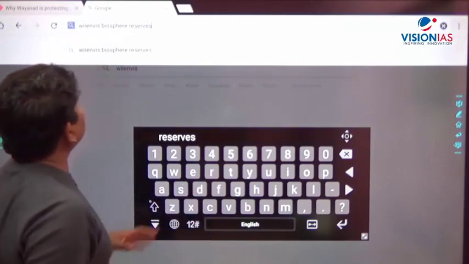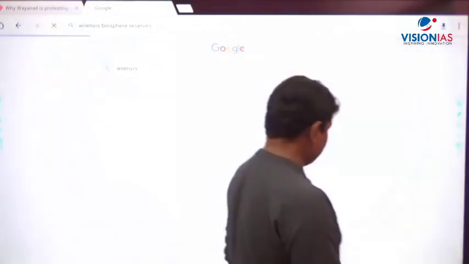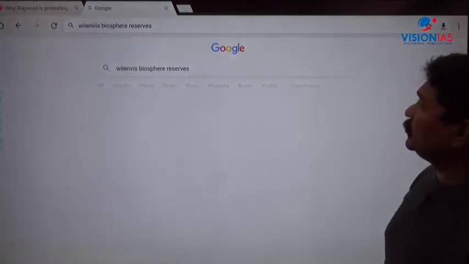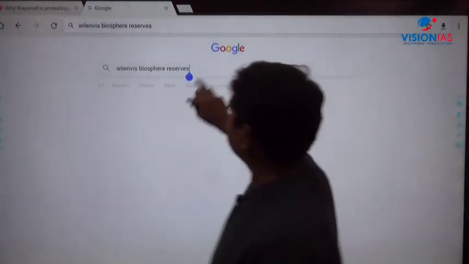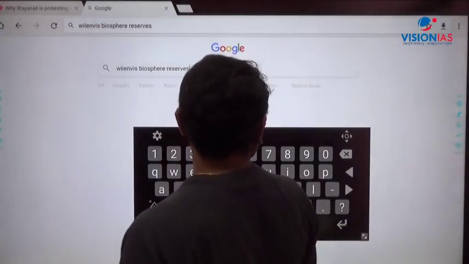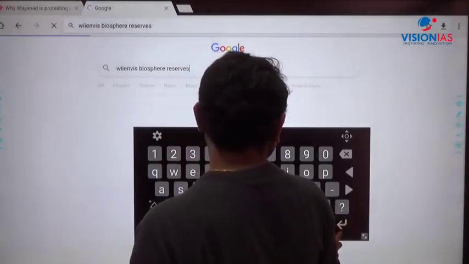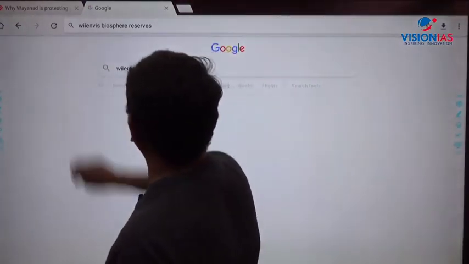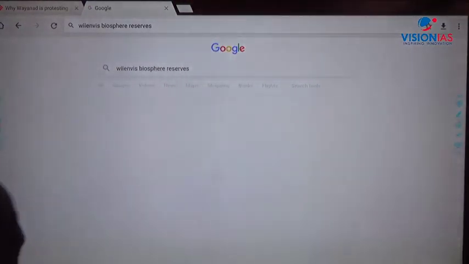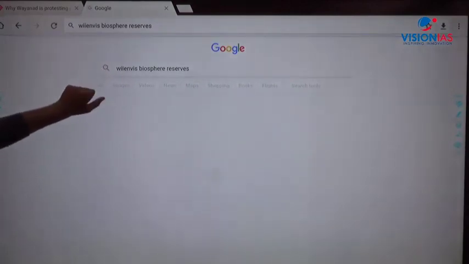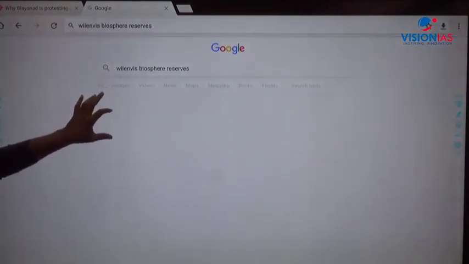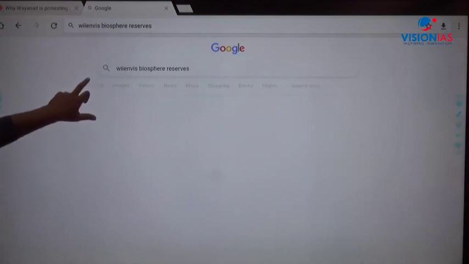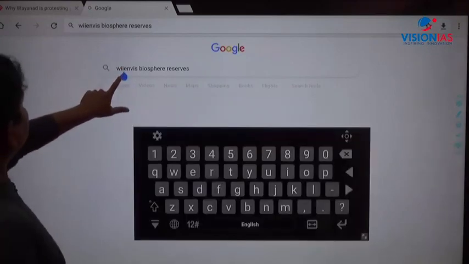Whatever you want, you just type on this one and click. The page automatically takes you to this particular page. ENVIS Biosphere Reserve. What is happening?